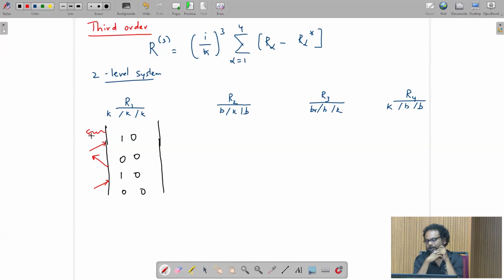But for 3 levels, write down all the diagrams. There'll be 64 diagrams, sometimes 128 diagrams. Yeah, so that's part of 2D spectroscopy. When you look at 2D spectra, you want to write down all diagrams, and that is the manifestation of different processes in Chi 3.